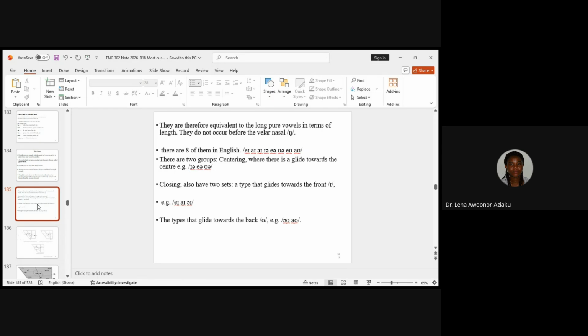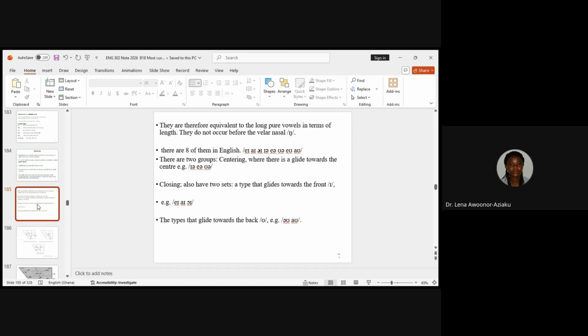You can talk about those that centre: as they glide, they glide towards the center position of the quadrilateral, or the tongue. And then there are some that glide towards the closing point. You start low and rise. So we have centering and closing.